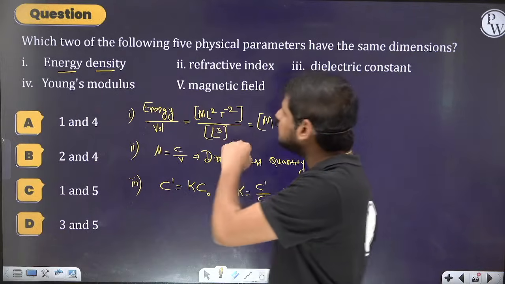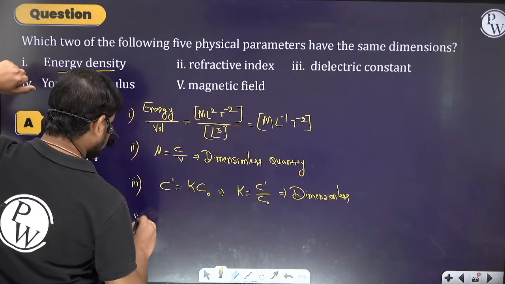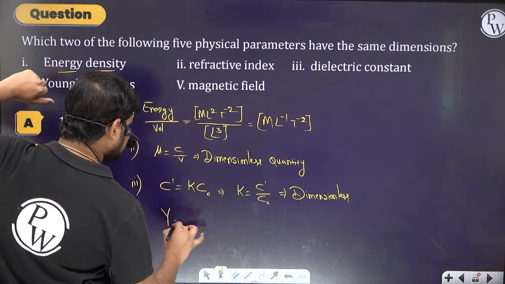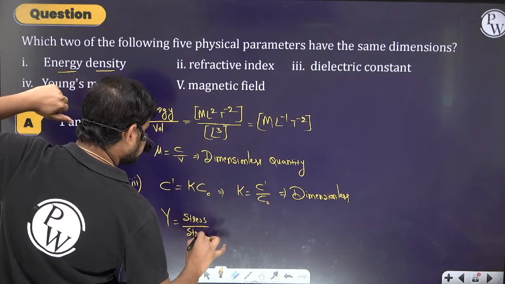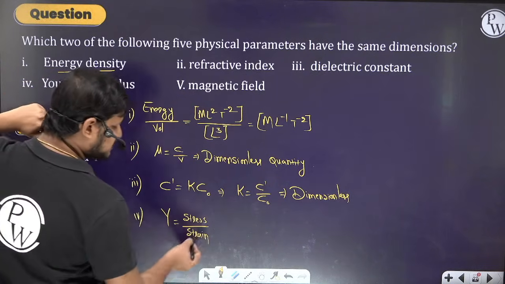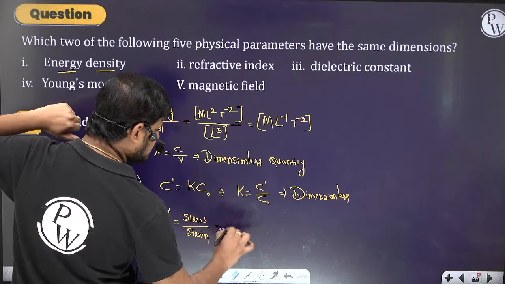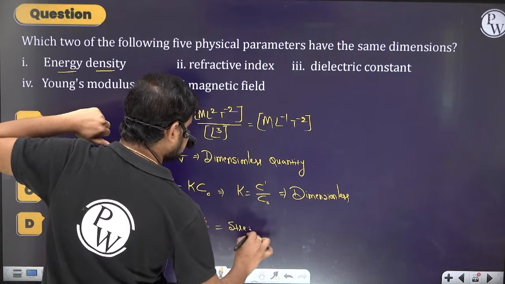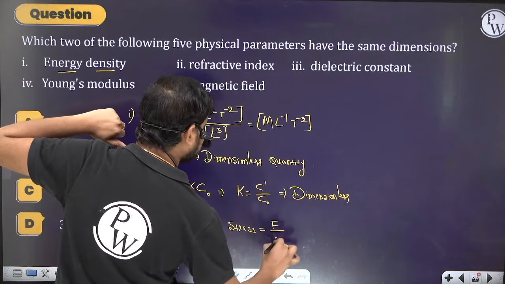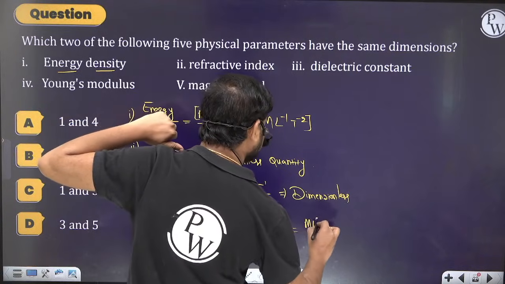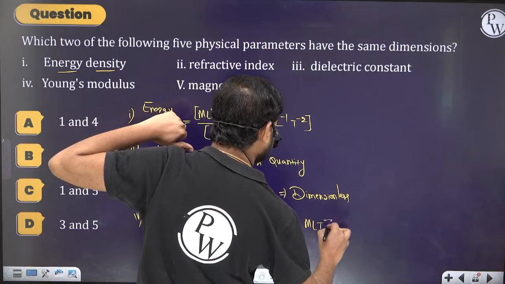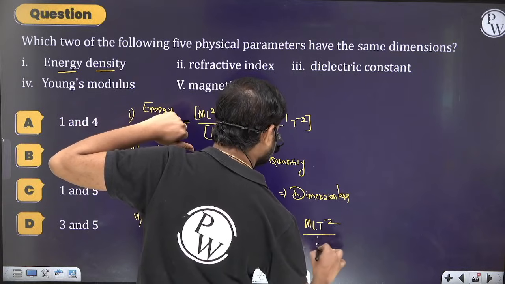Then check the fourth one, the Young's modulus. Young's modulus Y is equal to stress by strain. Strain is a dimensionless quantity, so it is simply stress. Stress is force upon area. Force is M L T to the power minus 2, by area L square.